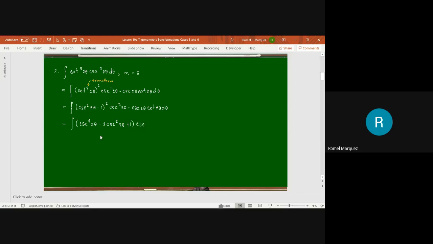Multiply this trinomial in form by cosecant to the 11 of 2 theta and then of course times cosecant of 2 theta cotangent of 2 theta d theta. Okay? Let me copy this part because I always write this.